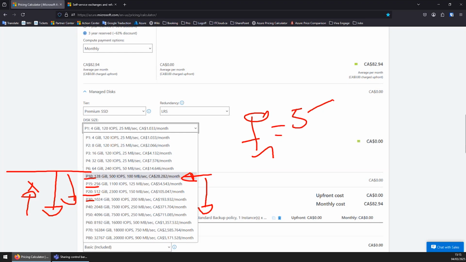What does that mean? Temporary internet files, all the deleted files, my images, my docs. Oh, no, those are supposed to be in OneDrive and SharePoint. Downloaded files and other temporary stuff like that. So for 5 users, 128 could be big enough. If you need more, you move up and you pay for the price, only that.